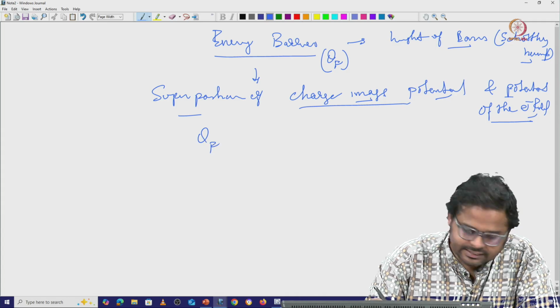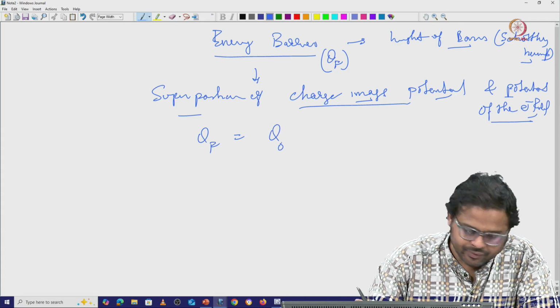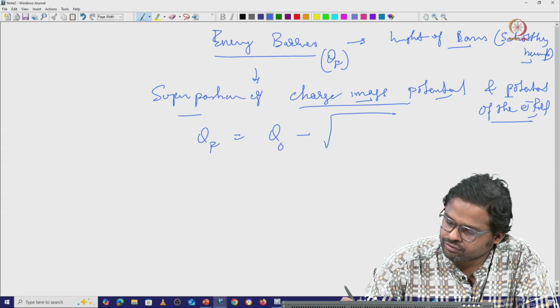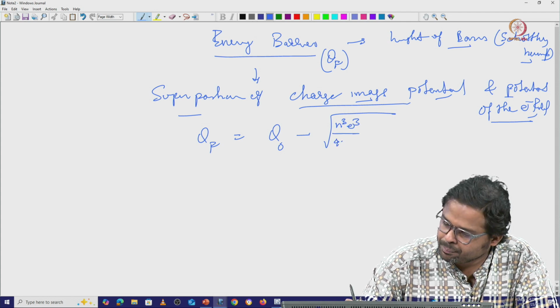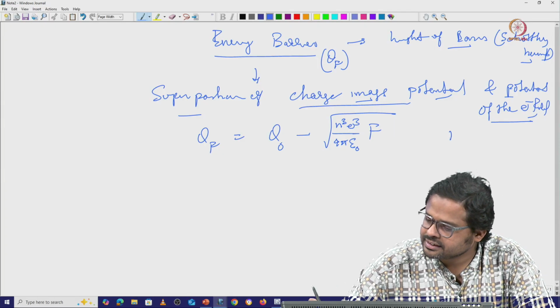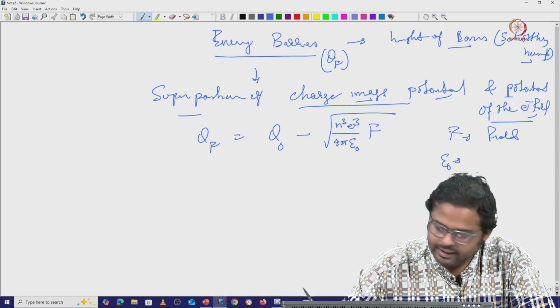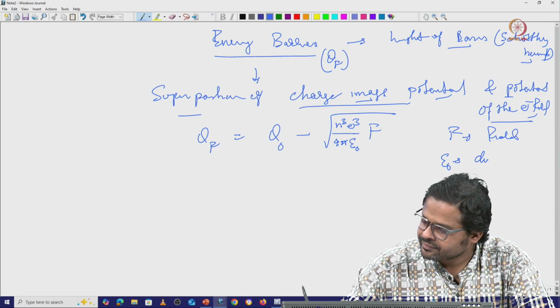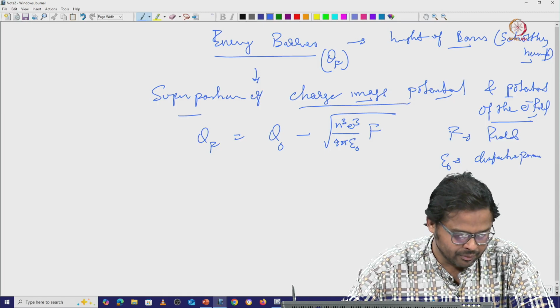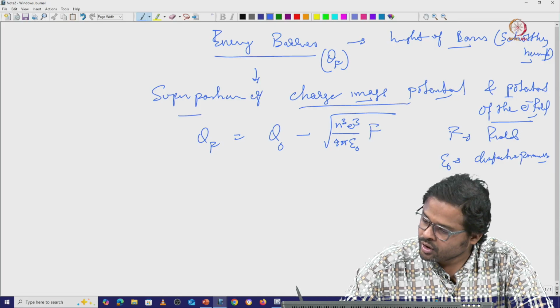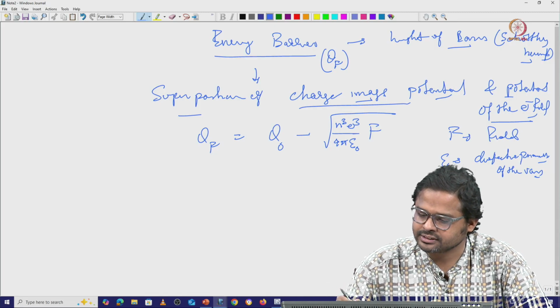Theta f is given by theta 0 minus the square root of n cubed e cubed divided by 4 pi epsilon naught f. Here f is the field and epsilon naught is the dielectric permittivity of the vacuum. The other terms are n, the number of electrons, and e, the charge.